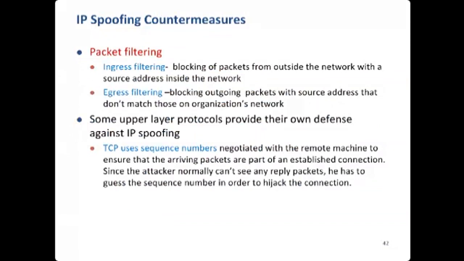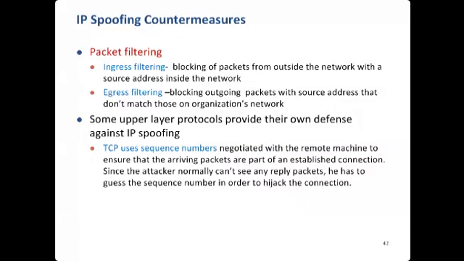Some basic things you can do: consider a firewall or security guard who has received a packet. Suppose a courier comes and the security guard intercepts it, and the courier's sender address is of a person who is inside the campus.